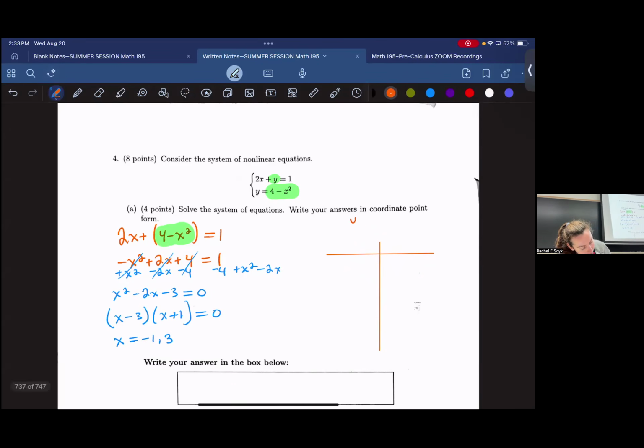And once again, our y is equal to 4 minus x squared. So we just want to find y when x is equal to -1 and when x is equal to 3.